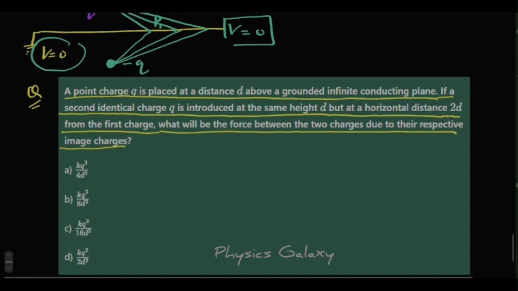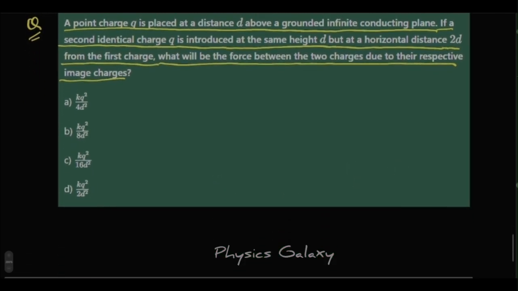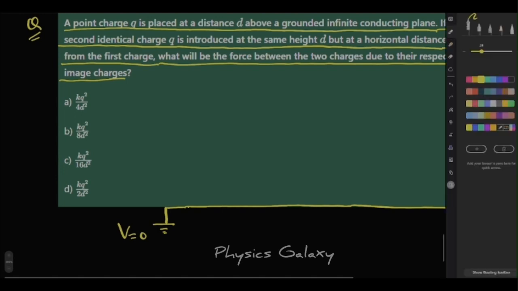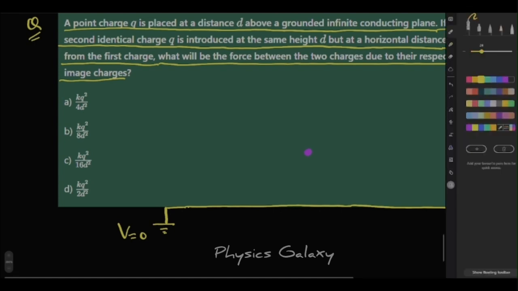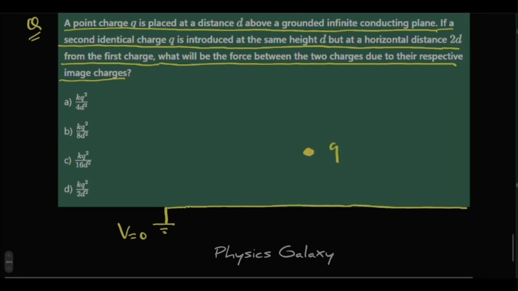So we have a situation like this. Suppose this is my infinite grounded conducting sheet, V equals 0, and suppose I have a charge q at a distance d. Then a second identical charge q is introduced at the same height d, but with a horizontal separation of 2d.